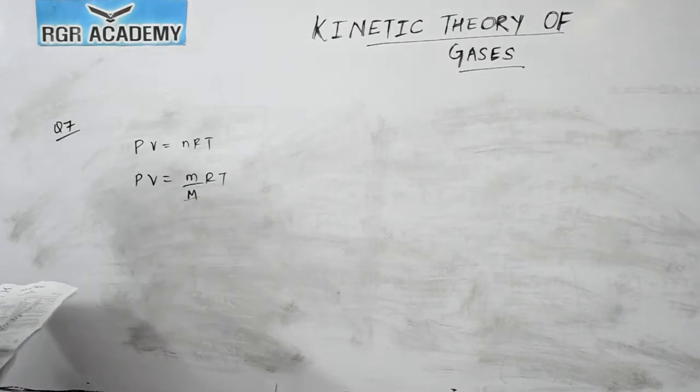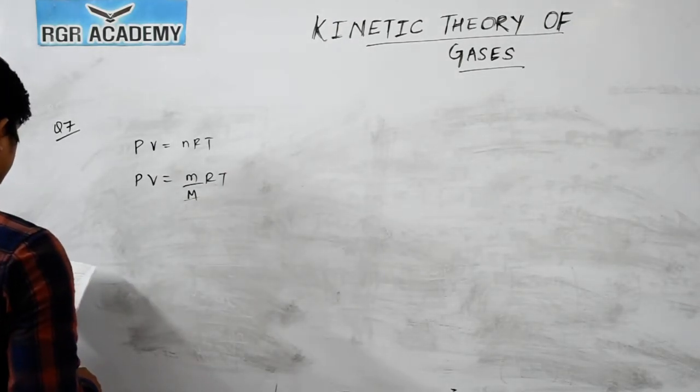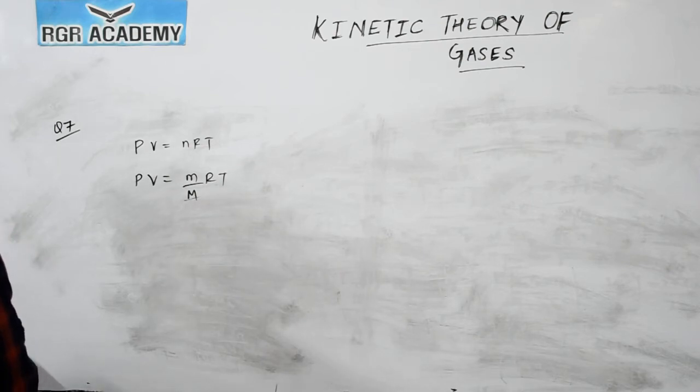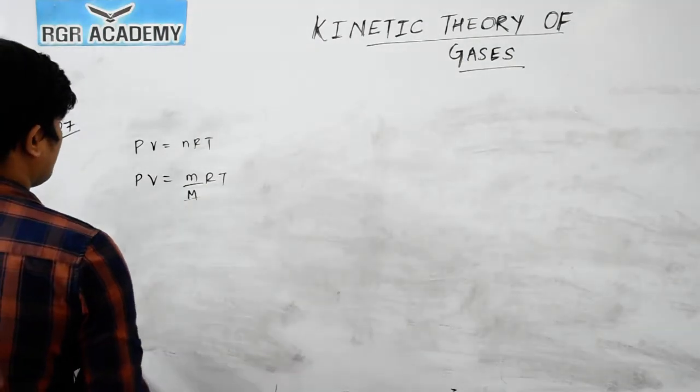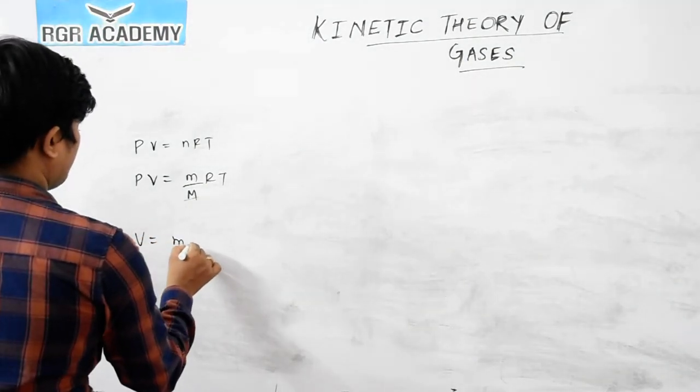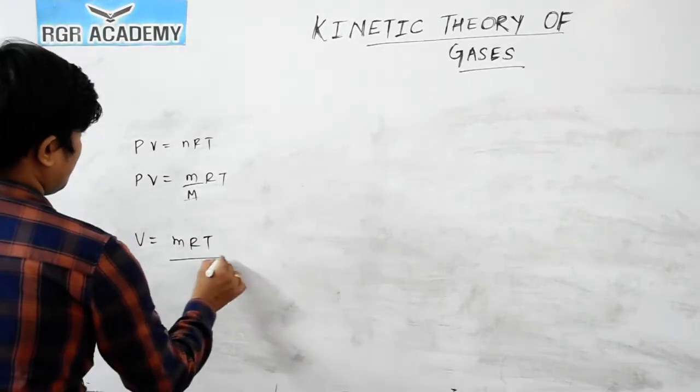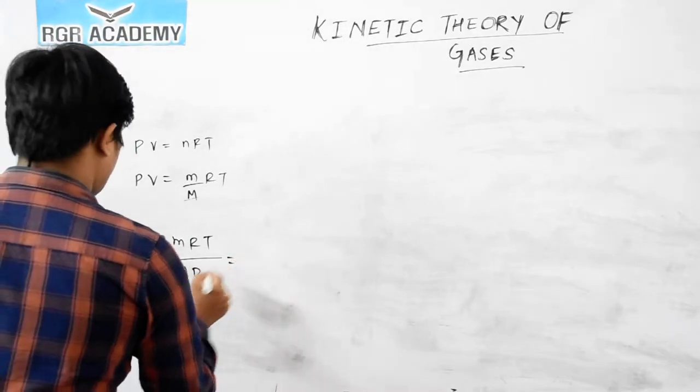So now we can put the values. Pressure is taken at 76 centimeter of Hg. Volume we have to write down. So volume will be equal to m into R into T, divided by capital M into P. This is the volume. Now we have to put the values.